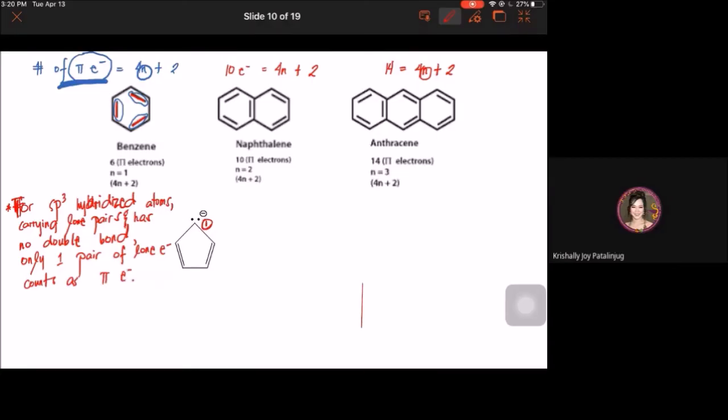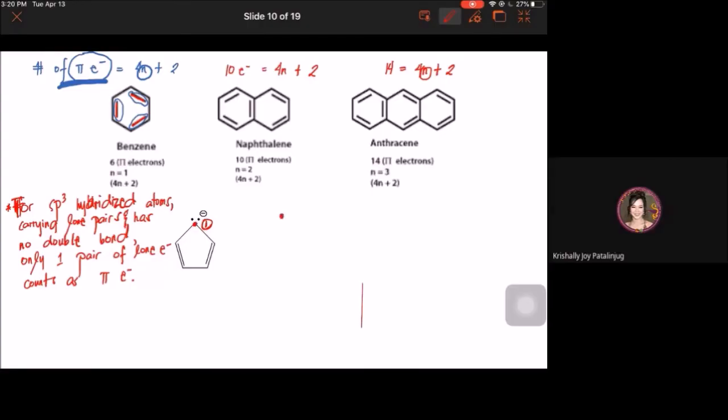So, it means that when it is sp3 hybridized, by the way, earlier it fit the fully conjugated criterion, number 1, because it has an empty p orbital. Okay? Because one consideration is that every atom in the ring must have a p orbital. So it fits because it has a p orbital. Okay? Now, considering this carbon, it is sp3 hybridized.